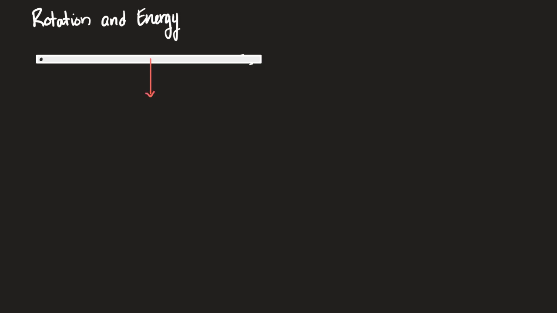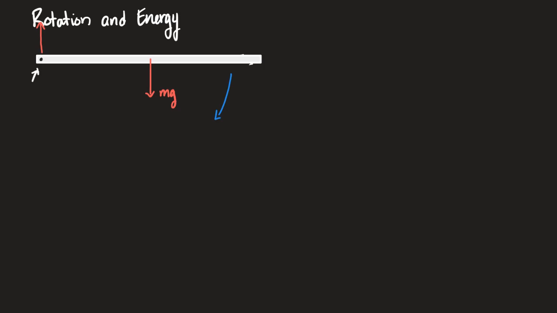Now, because there's an axis of rotation here, the fact that gravity is acting downwards on it, and that that force is causing a torque, means that the whole bar is going to rotate that direction. Now, the net force on the system is zero because the pivot provides an upward force at the same time.